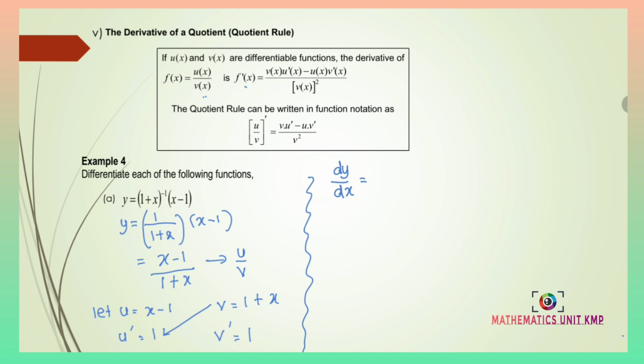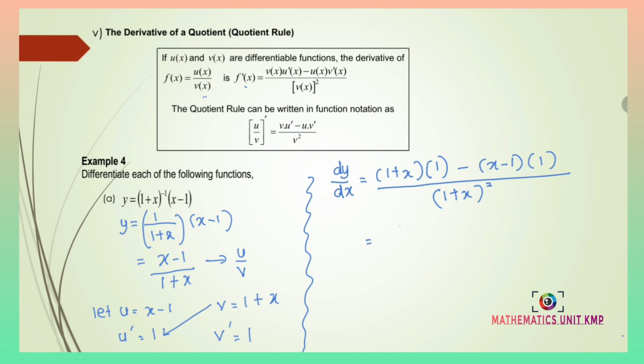That is v, 1 plus x, times 1, minus u, x minus 1, times 1, divided by v squared. V squared, we have 1 plus x squared.